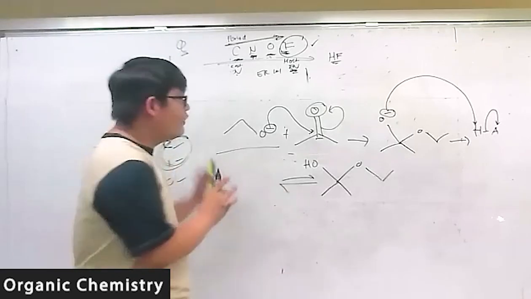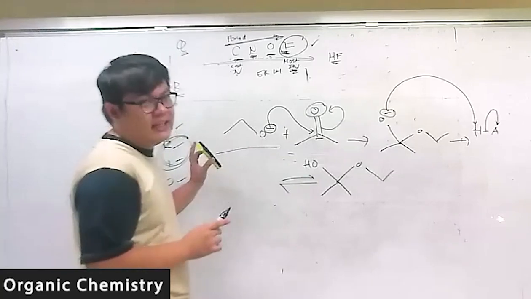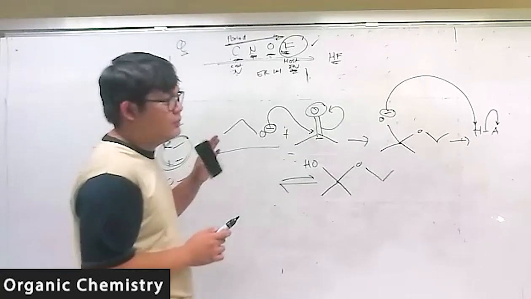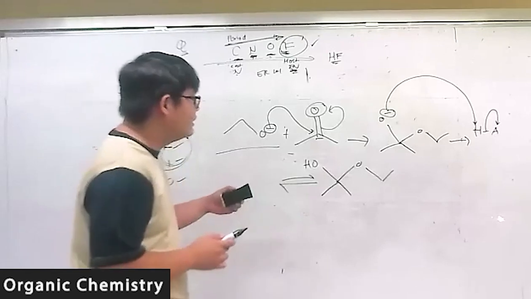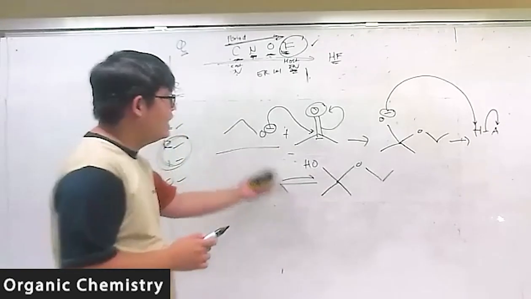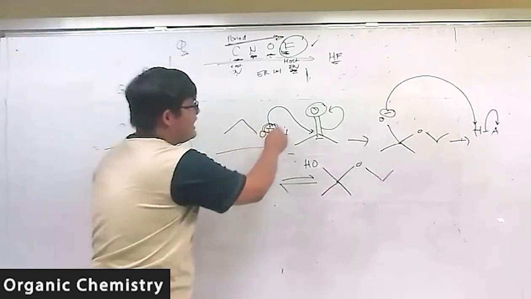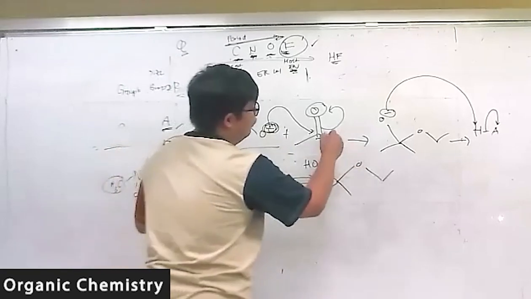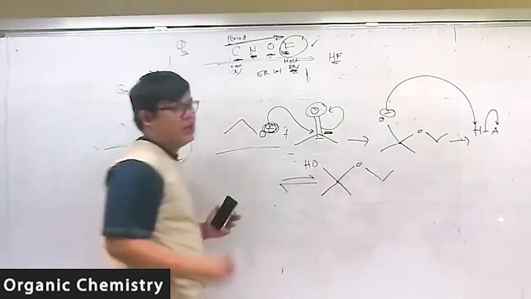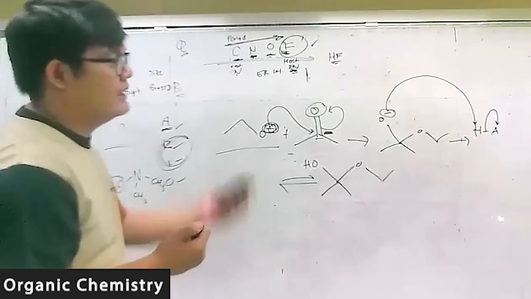So kung na-overwhelm kayo sa tinuturo nating arrow pushing, again, you can read David Klein, organic chemistry, siya yung medyo madaling intindihin for beginners. But essentially, ang gusto lang namin i-impart sa inyo sa part na ito ng lesson ay nagpo-flow yung electrons from a region of high electron density to a region of low electron density. Okay. That's the main point of the introduction to reaction mechanisms.